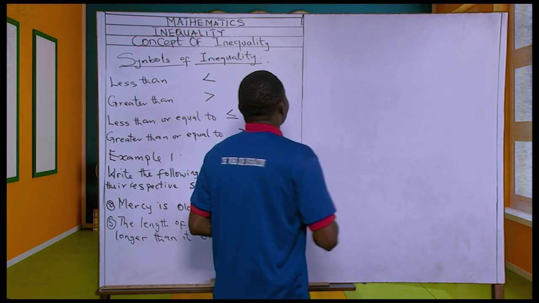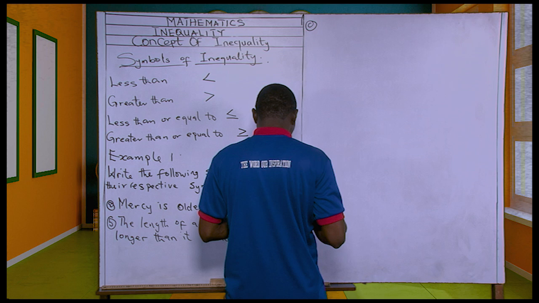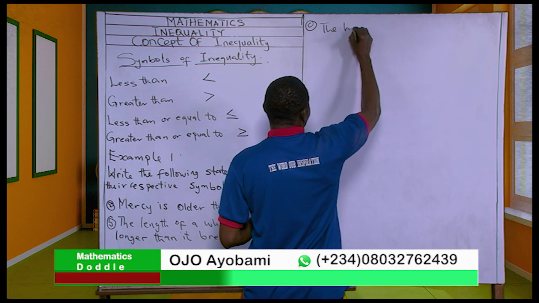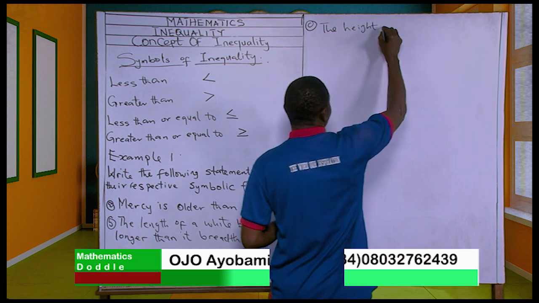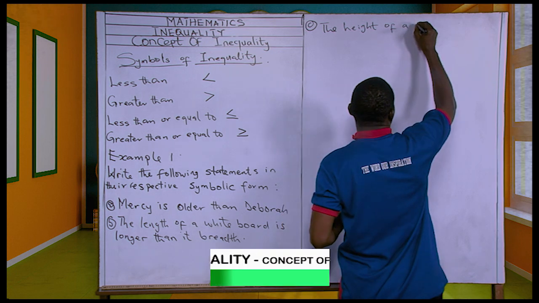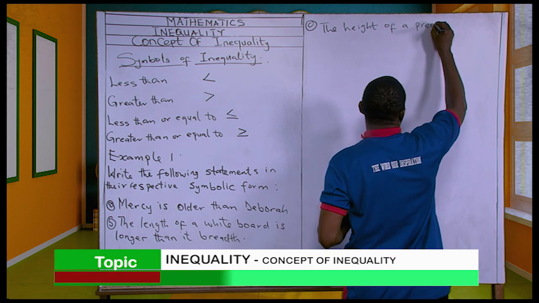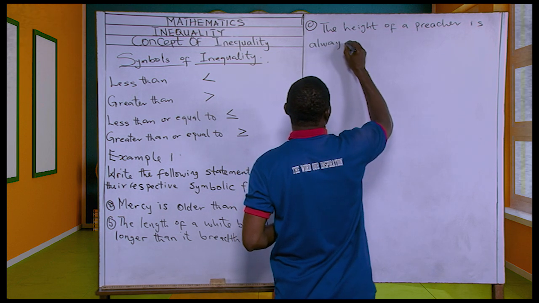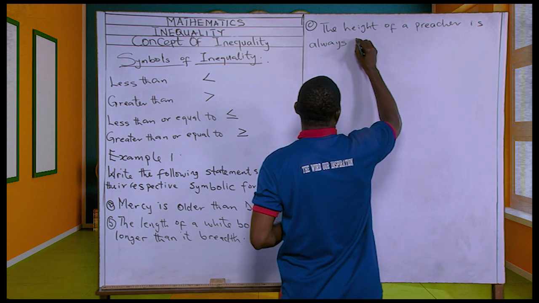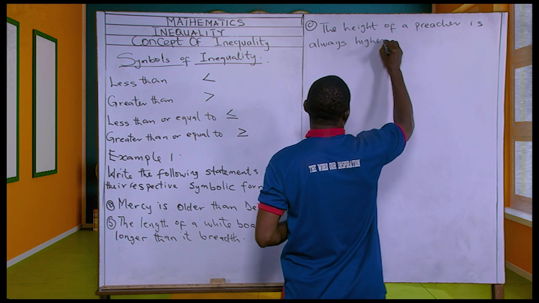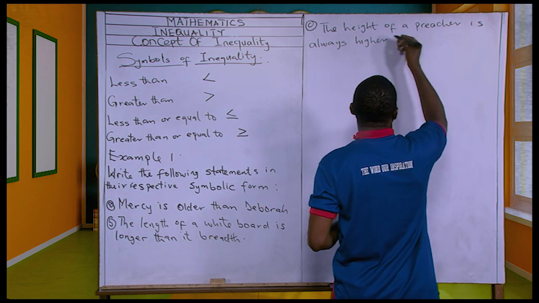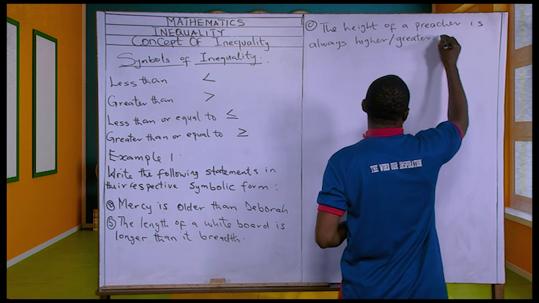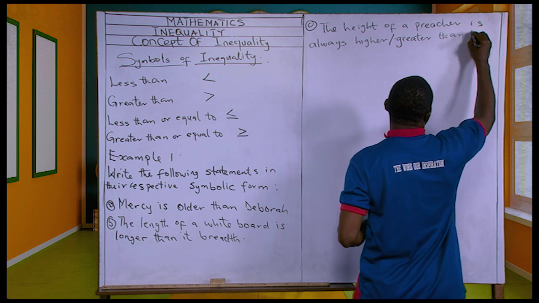C. The height of a preacher is always higher, or greater, than the pupils.